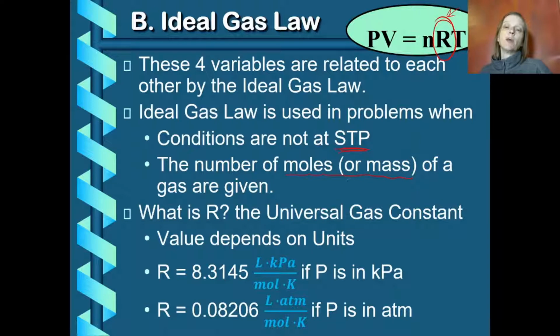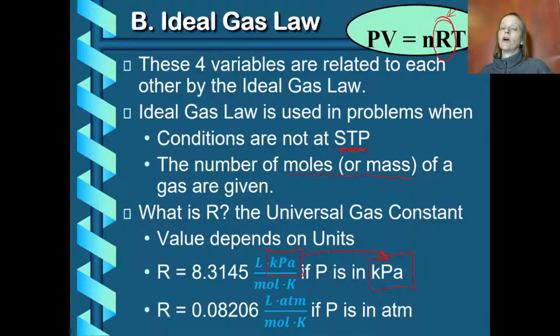So there are 2 commonly used R values depending on what units you're using. R equals 8.3145 liters times kilopascals divided by moles in Kelvin, if pressure is in kilopascals. Notice how kilopascals appears in those units.